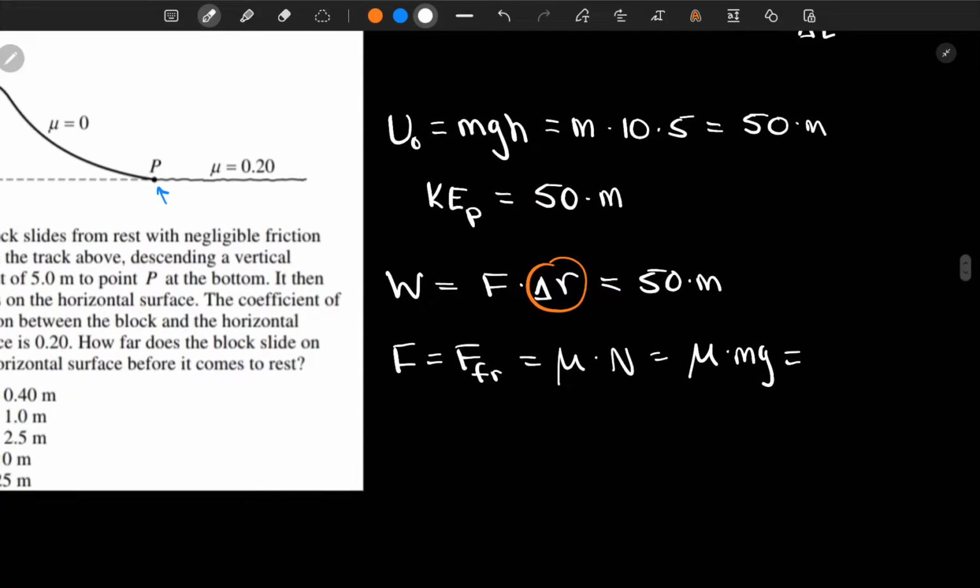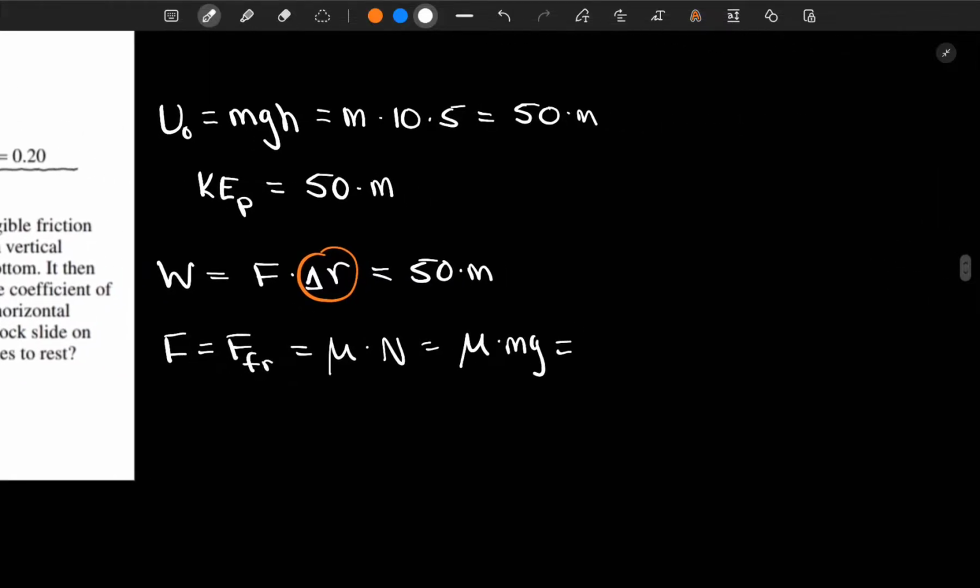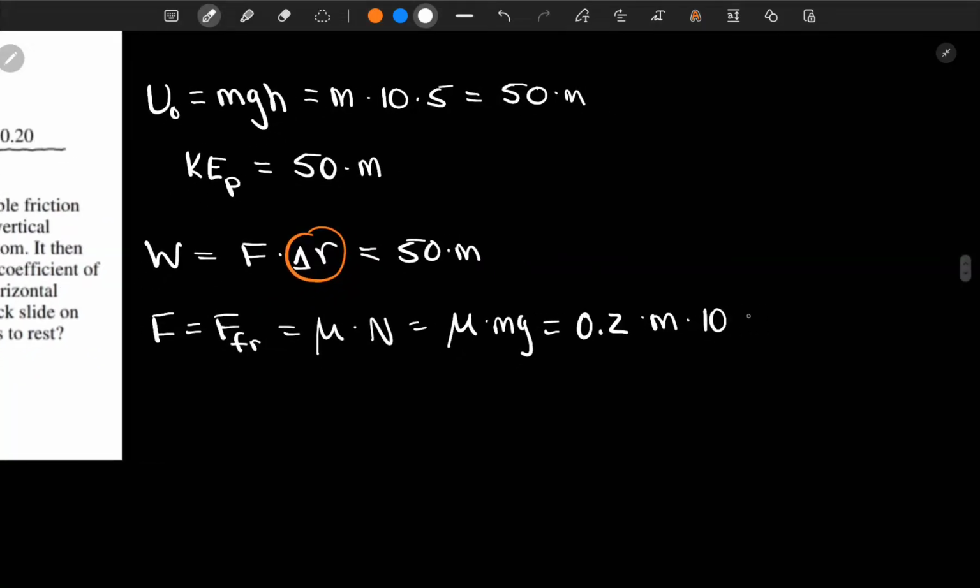And as we're given mu, and we know what g is, we find that the frictional force is equal to 0.2, which is the coefficient of friction, times m, the unknown mass, times 10, the acceleration due to gravity. So this is equal to 2 times m.